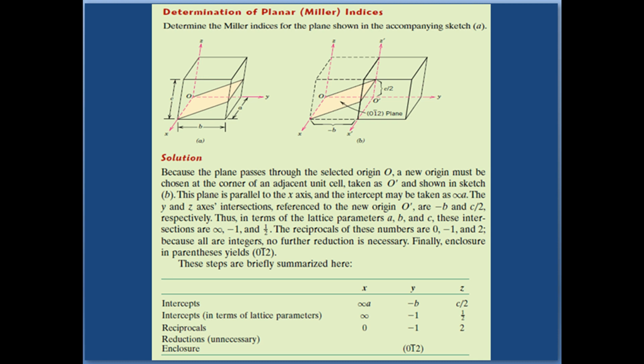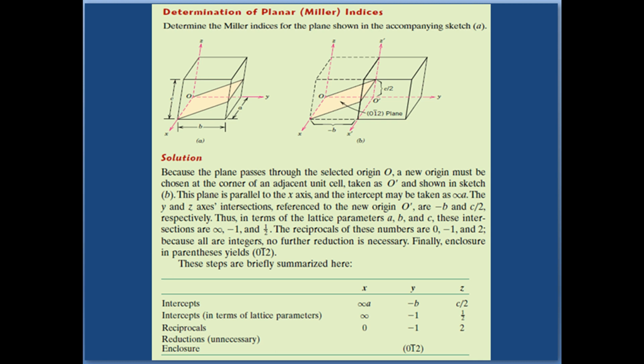Now we will see the actual solution for this particular problem. Because the plane passes through the selected origin O, a new origin must be chosen at the corner of an adjacent unit cell. This is according to our first step.